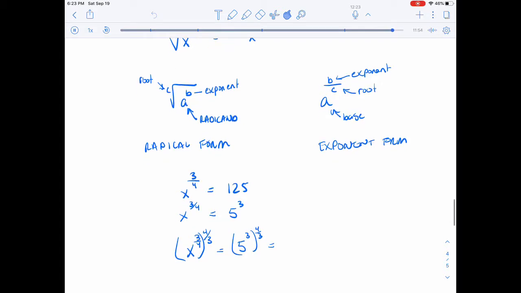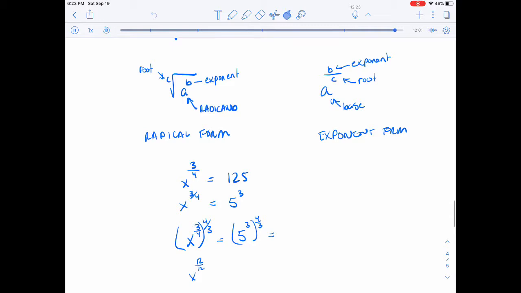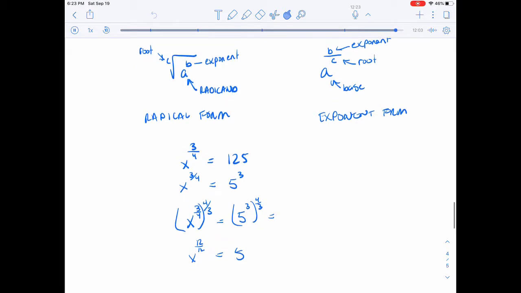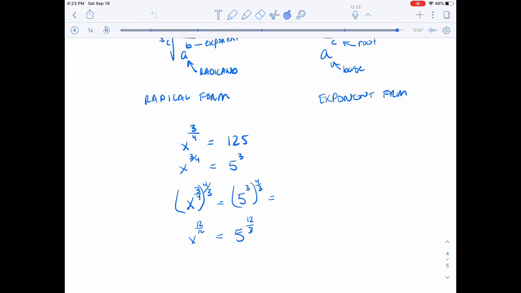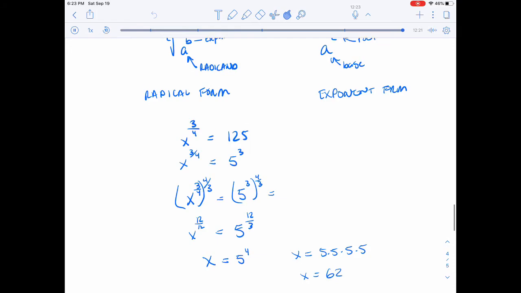Using the power to power property, I multiply my exponents, so I would get x to the 12 over 12 is equivalent to 5 to the 12 over 3. So I get x is equal to 5 to the 4th power. So x is therefore equal to 5 multiplied by 5 multiplied by 5 multiplied by 5. So x equals 625.